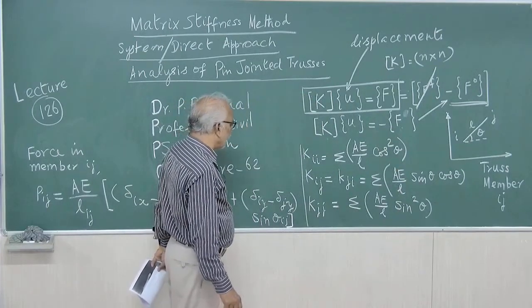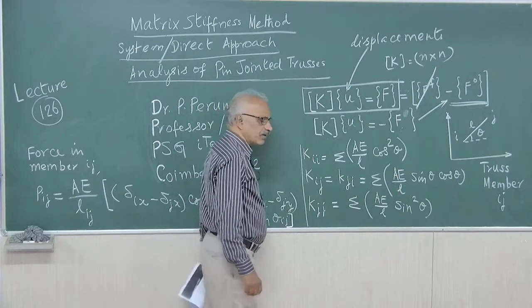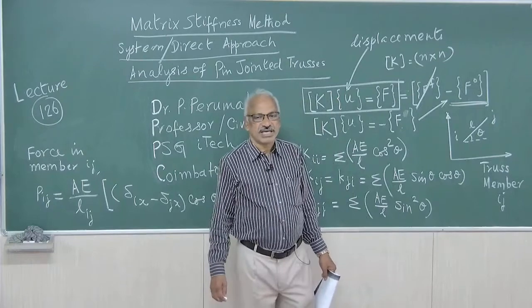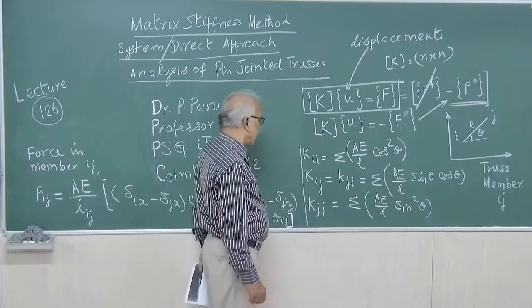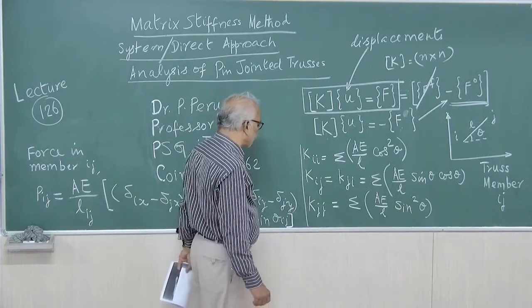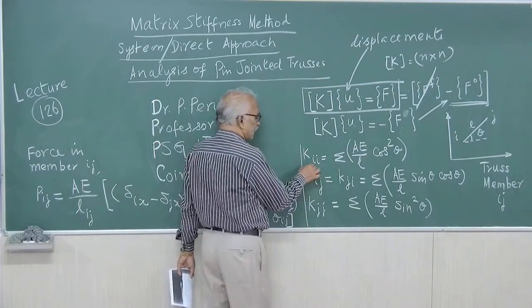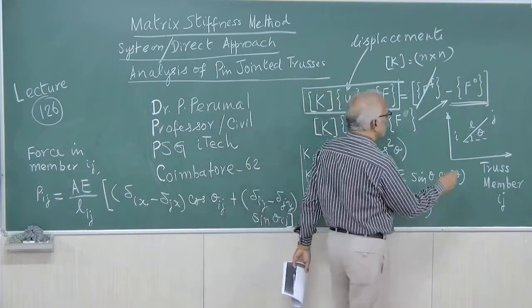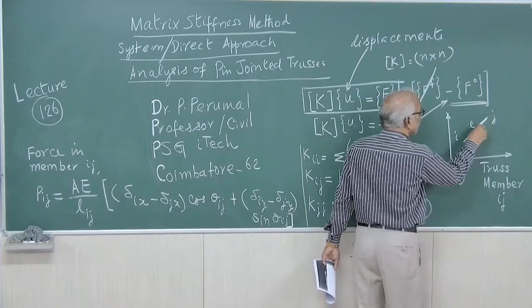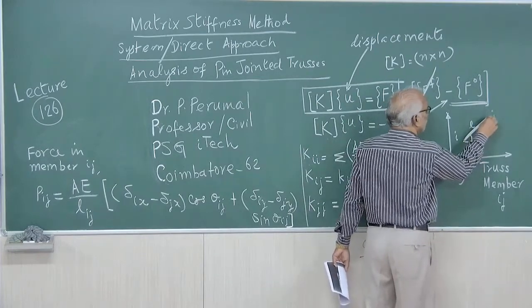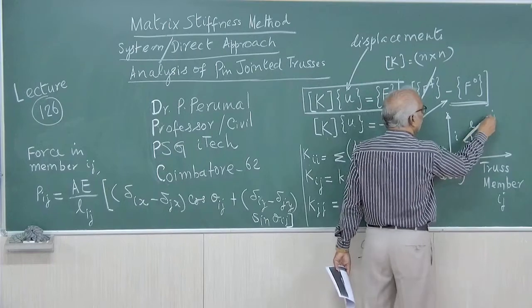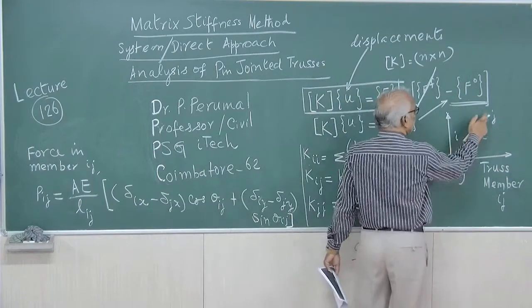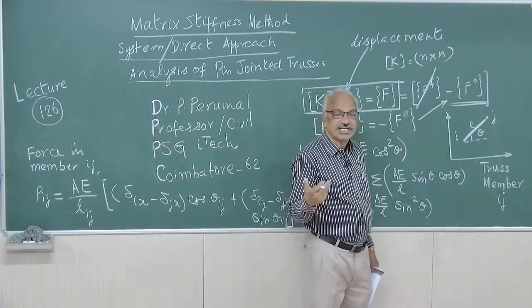Now, the stiffness matrix will consist of stiffness coefficients Kii, Kij, Kjj, etc. We will skip the derivation. Kii equal to sigma AE by L into cos square theta. The truss will consist of vertical members, horizontal members, and inclined members. Let us take a typical member ij at an angle of inclination theta with the horizontal.